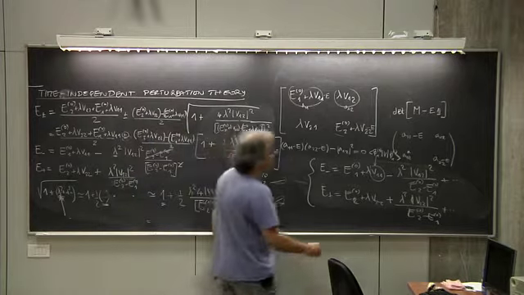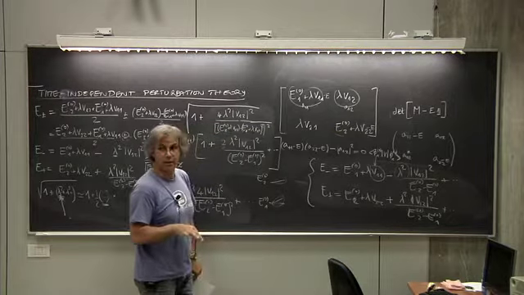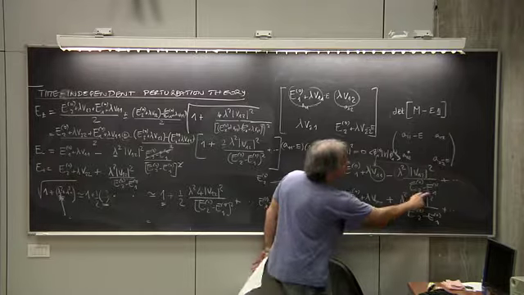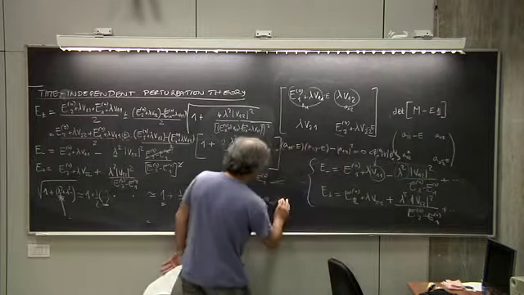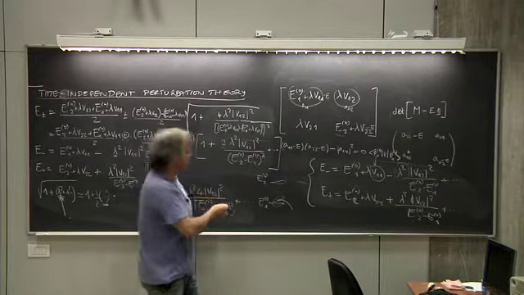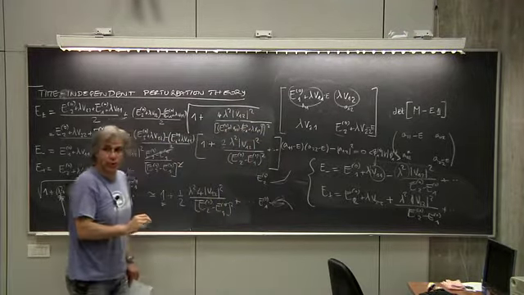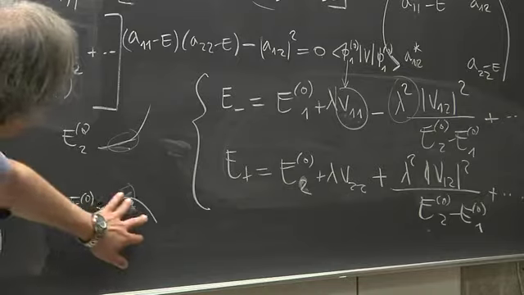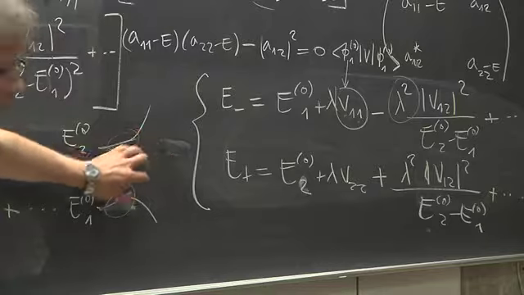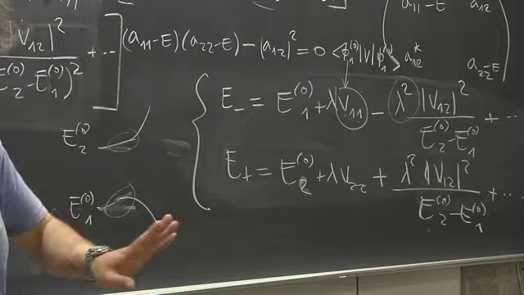But the nice thing is that there is also a square term that is opposite in the two. For the ground state, you see that everything here is positive. E2 minus E1 is positive. Okay, so the ground state tends to be shifted down, while the excited state tends to be shifted up by the square term. Obviously, once this linear and quadratic term grow big enough, you shouldn't rely on this any longer.